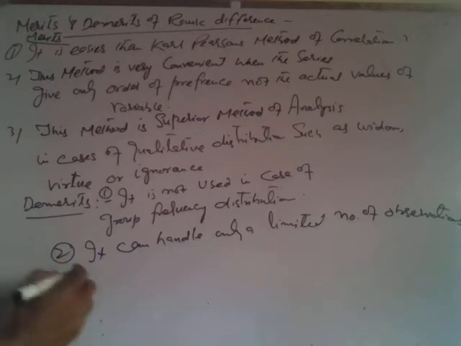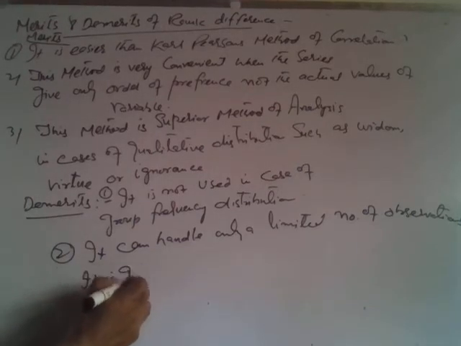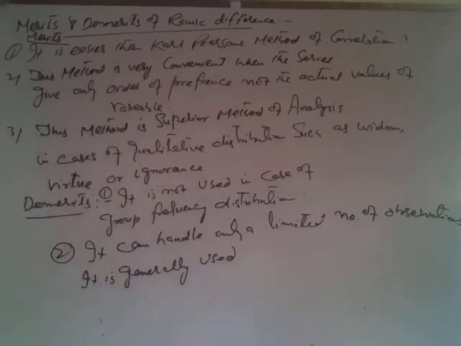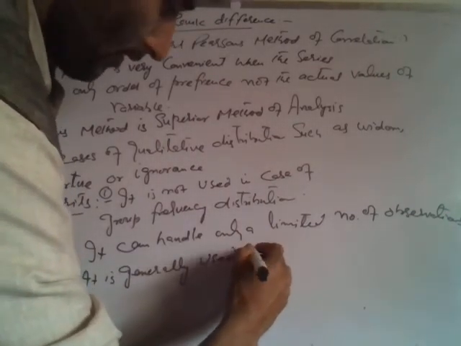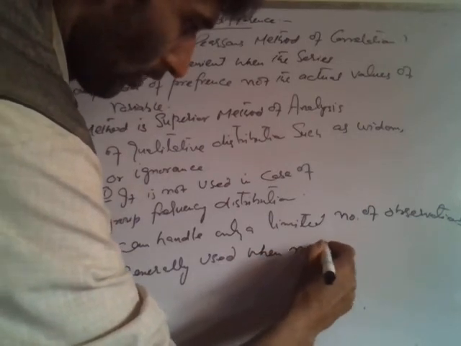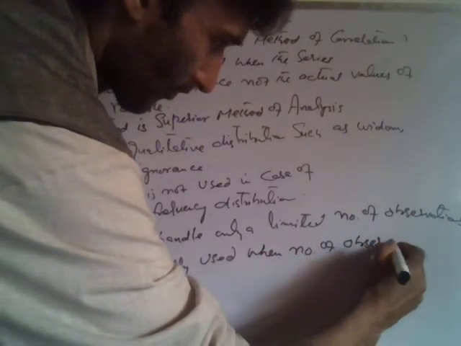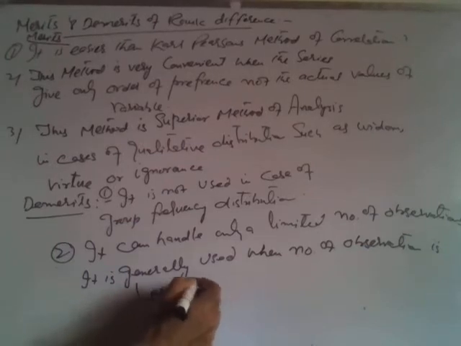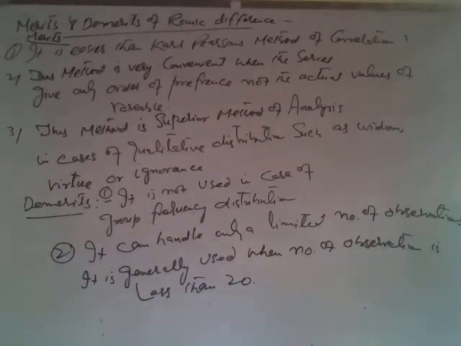It is generally used when the number of observations is less than 20. जब number of observations less than 20 है तब ये method हम इस्तेमाल करते हैं.